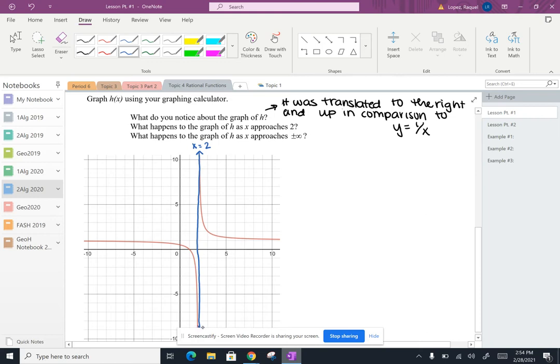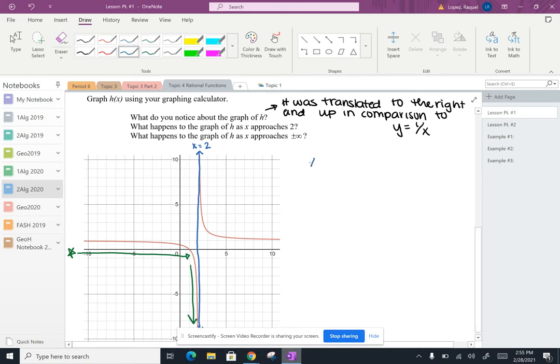I can see that my graph is behaving differently if I'm approaching from the left versus from the right. If I'm reading the graph from left to right, like I read a book, starting on the left end of the graph at that green star and going towards that x value of 2, I notice that my graph is going down.